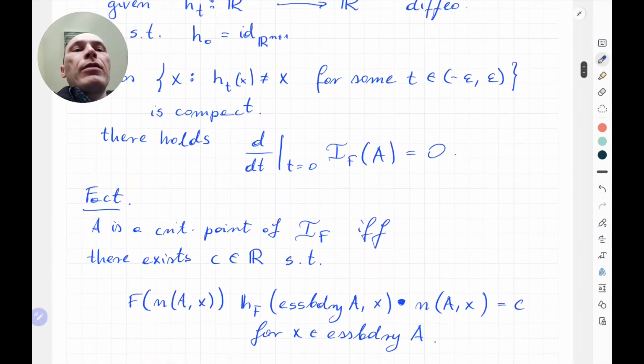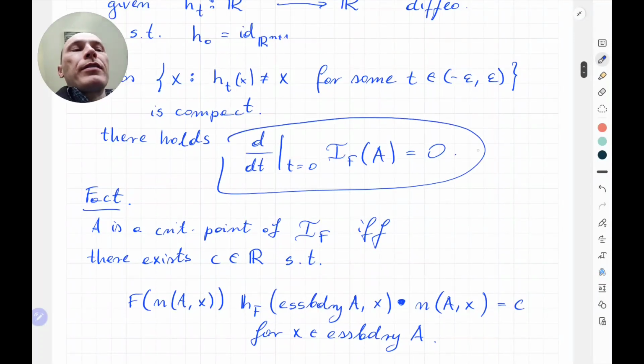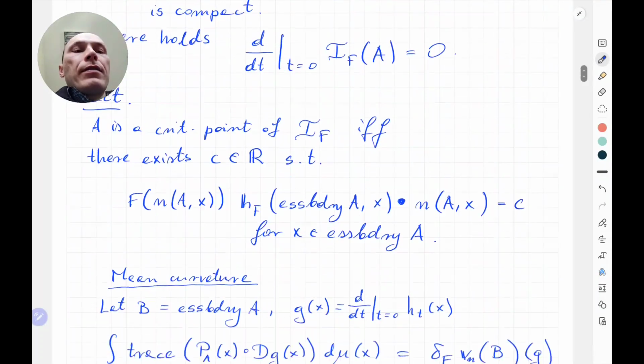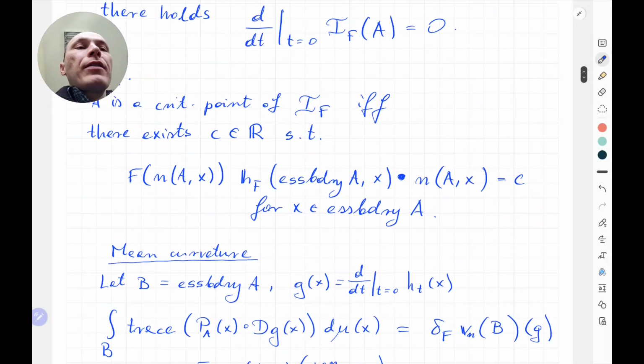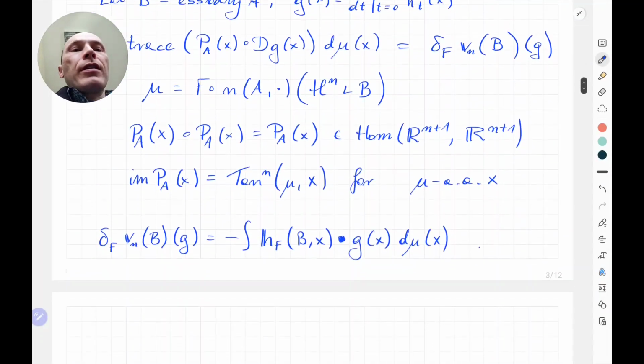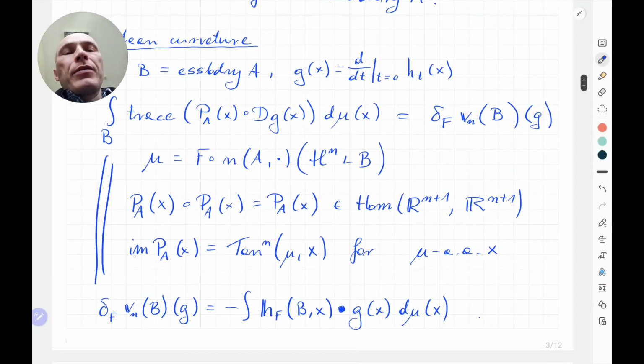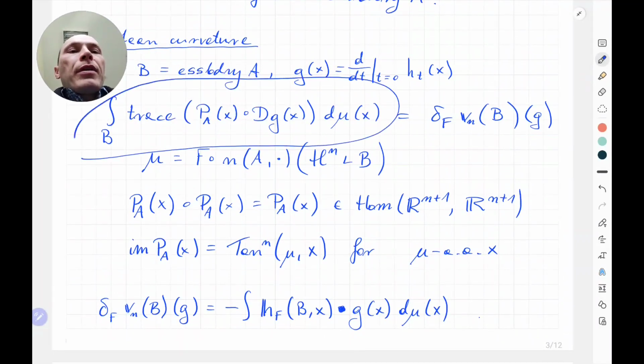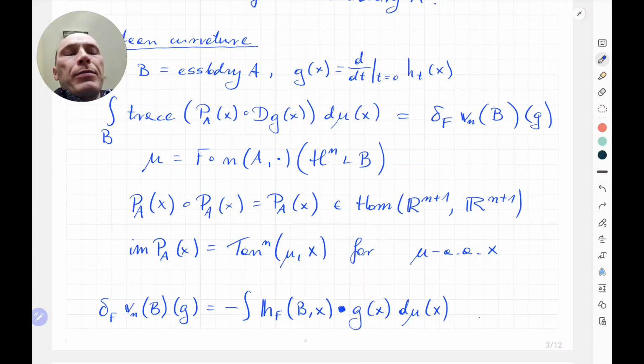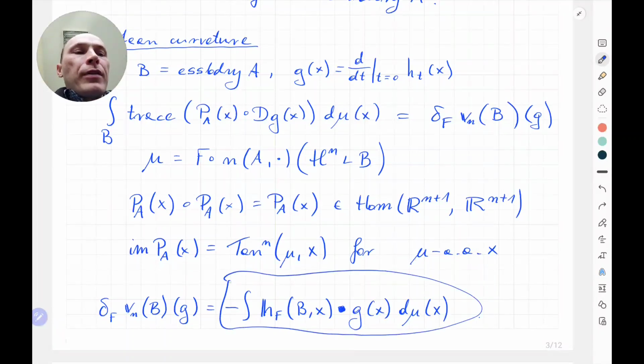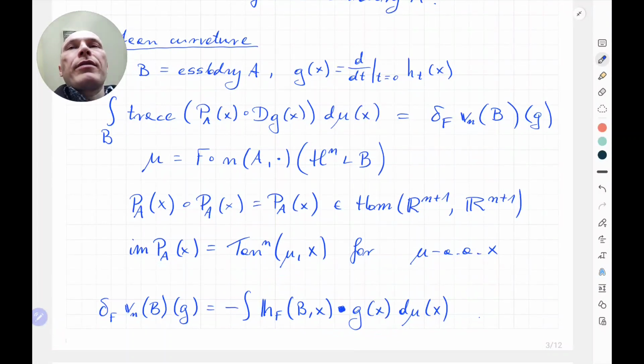And if we take a critical point of the isoperimetric functional, then any critical point of the isoperimetric functional has this property that this can be expressed. So the first variation given a priori by this formula can be expressed by another formula, namely this one, and the vector against which we integrate is called the mean curvature.